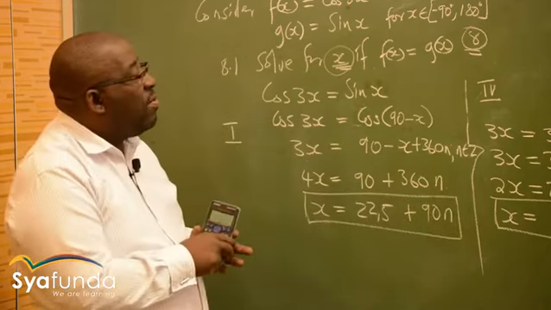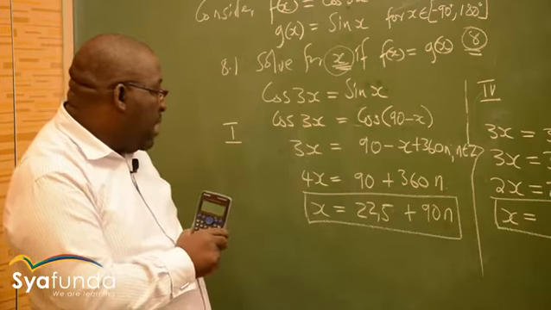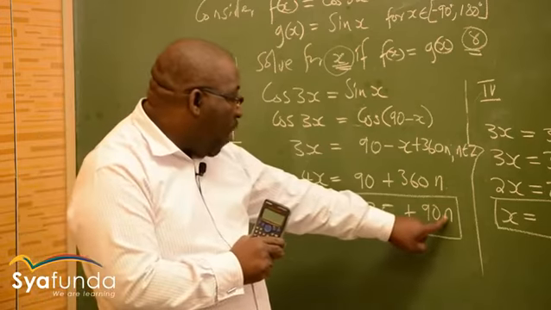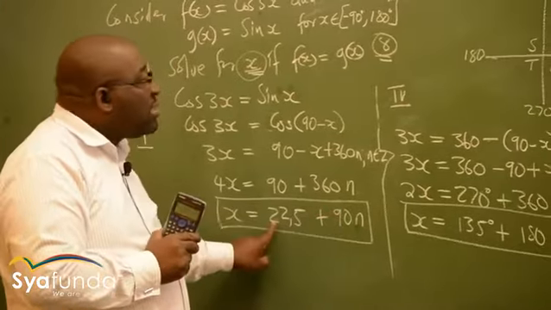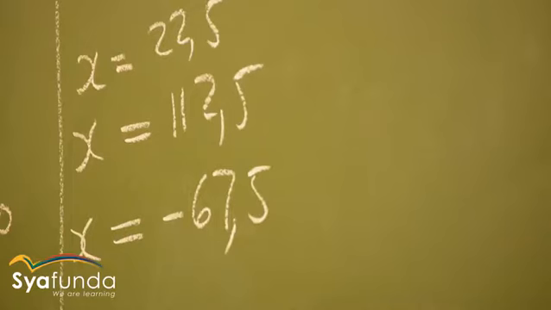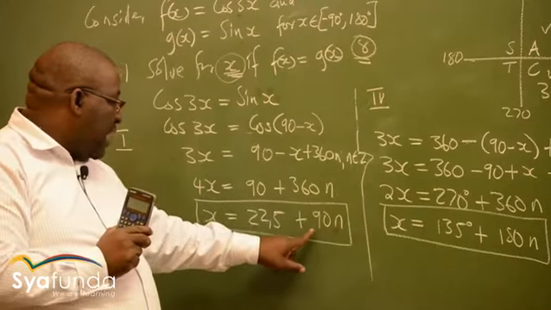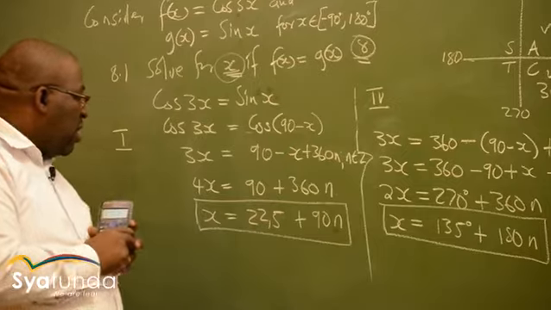Let's check how many values we have here. If we push in 1 here, we got 90, and 90 plus this gave us 112,5. We pushed in 0, it gave us that. If we push in minus 1, it gave us minus 67,5. If we push in minus 2, it's not going to give us that one.